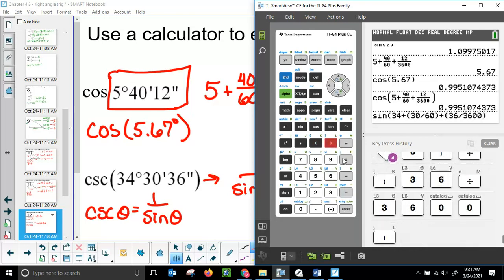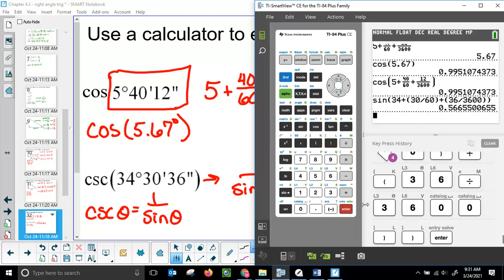I just got lazy with my fraction commands there and decided to just put it in parentheses. So we plug that into our handy dandy calculator.